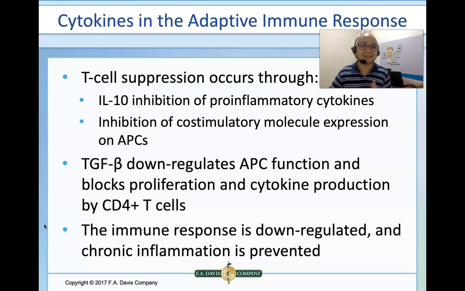We do not want our body to have a cytokine shower because it will also affect our system as well. So that's the reason why there is also a need for cytokines that will somehow cause homeostatic balance, so that cytokine shower does not occur in an uncontrolled fashion.